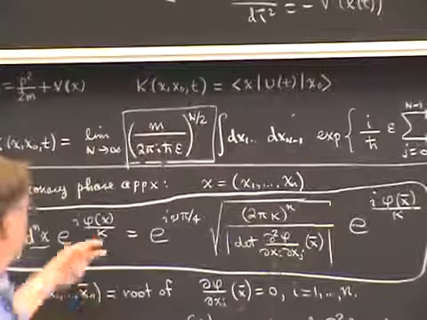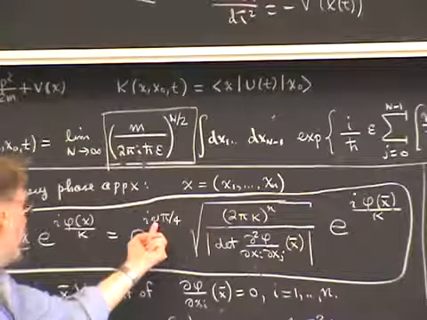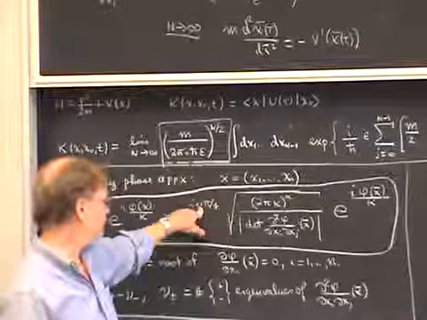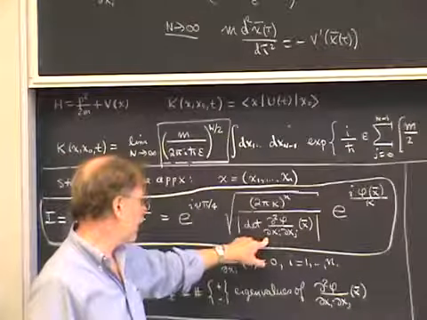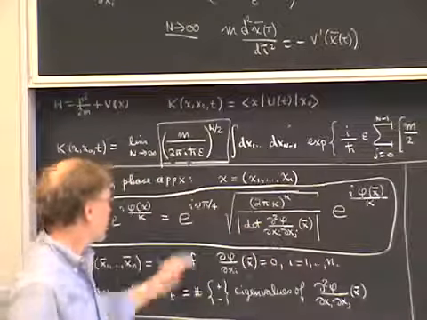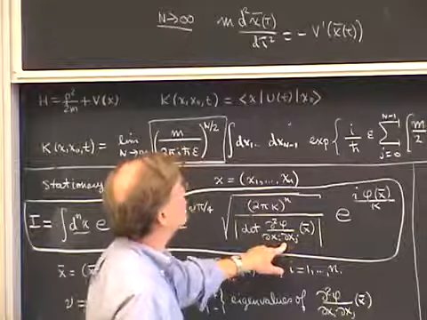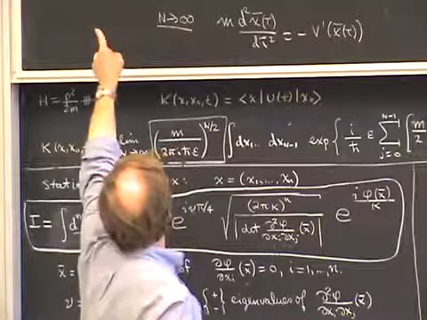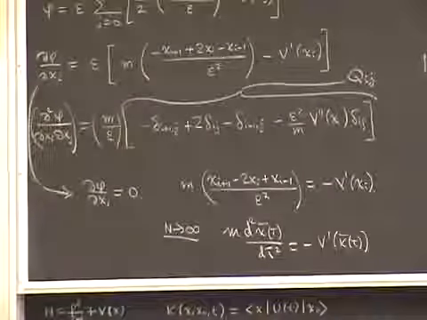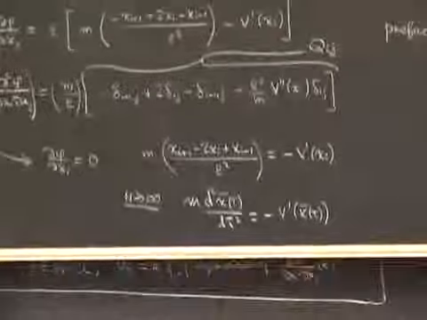But in addition, by doing the stationary phase approximation, we're going to get another phase here, e to the i nu pi over 4. The nu is going to be the difference between the number of positive and negative eigenvalues of this second derivative matrix times this whole square root. So notice that this has got the derivative of del squared phi, but the del squared phi is m over epsilon times the semicolon q. And the kappa here is the same as HR, so I've covered it up, unfortunately. This is going to turn into this.